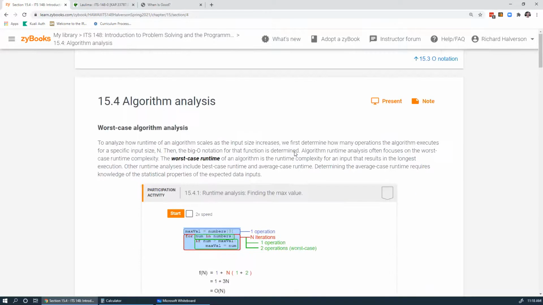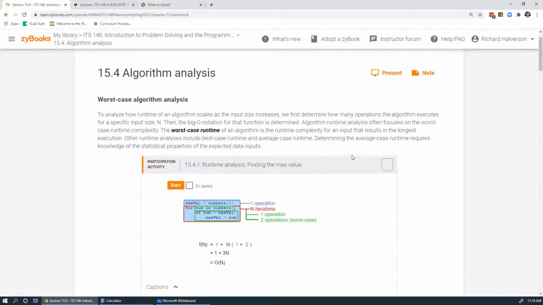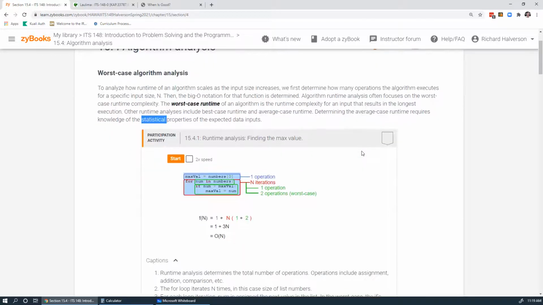So we look generally at worst case, average case, and best case for algorithms. For average case, you usually need some understanding of the statistical properties of the data as it's coming in.